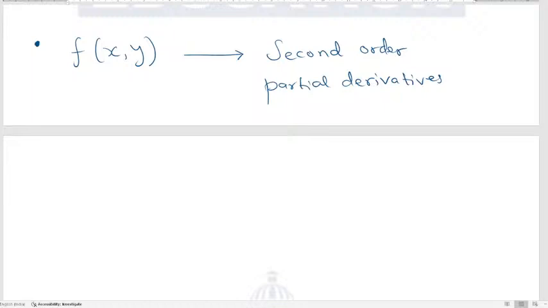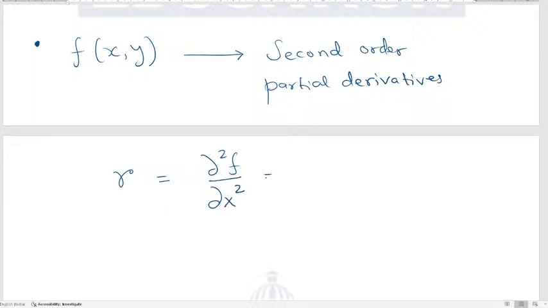The second order partial derivatives are as follows. The first second order partial derivative is called R. So R is tau square f by tau x square.